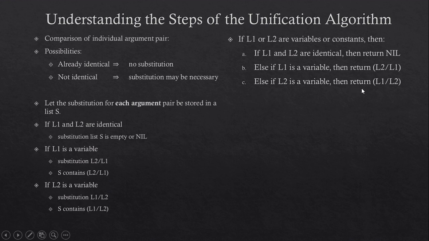If L2 is also not a variable, it means that both the arguments are constants. Also, since the two arguments have gone through the first step, both are not identical, and non-identical constants cannot be unified using substitution. Therefore, in this case, the unification fails. The algorithm fails. Else, the substitution list S contains a single value fail.